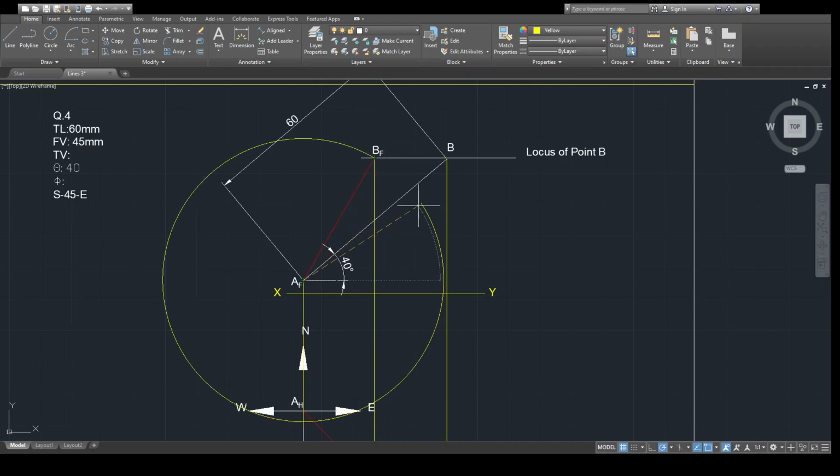You just see how I am rotating. I am rotating this front view up to the locus of point A. So where is the locus of point A? I will draw a horizontal line so that you will get more idea about what I am saying. Yes. So this is the locus of point A. This is my starting point and this is my center point. You rotate AF, BF up to the locus of point A. So this is the point up to which you can rotate.